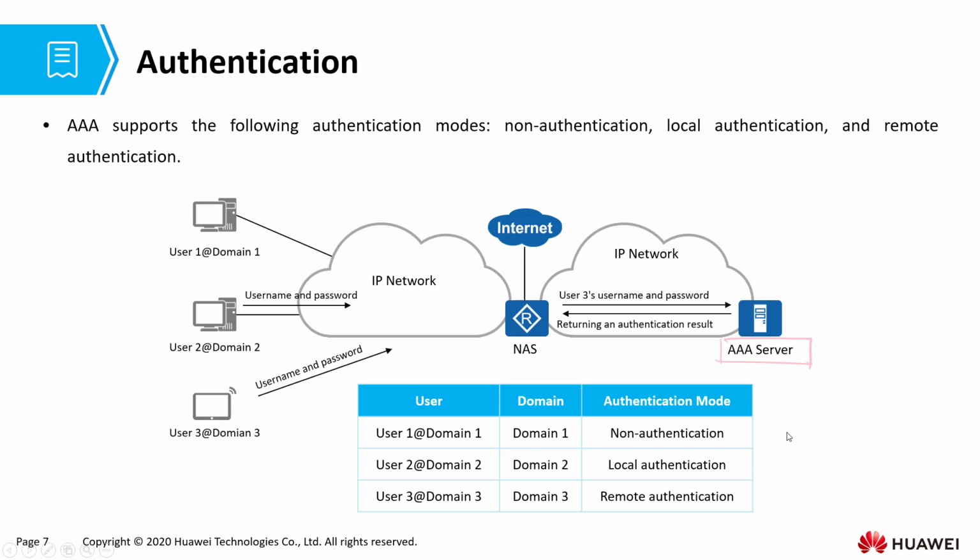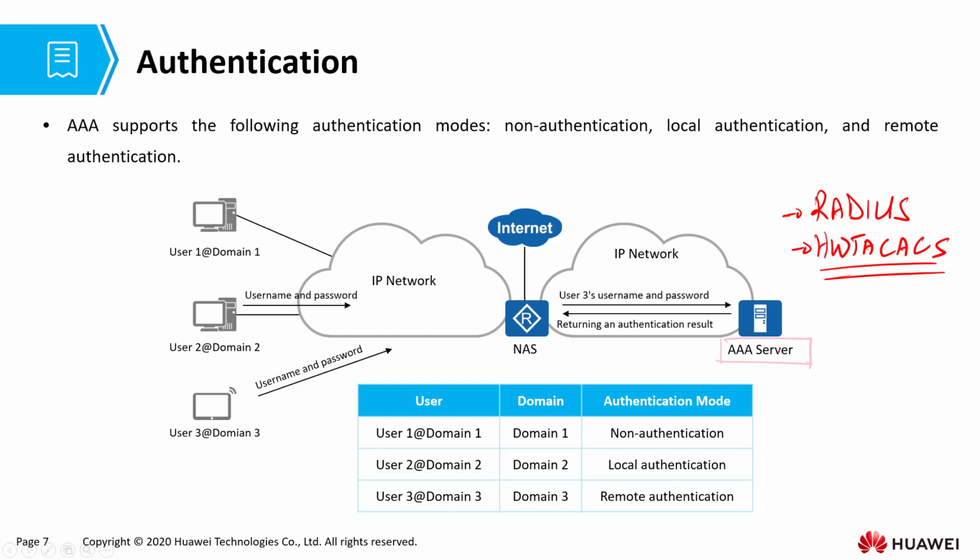Now, the remote authentication server is going to be deployed based on the deployment protocol you're using. The most common protocols, as I've mentioned, are RADIUS and TACACS. We have our own implementation of TACACS that we call Huawei Terminal Access Control Services.